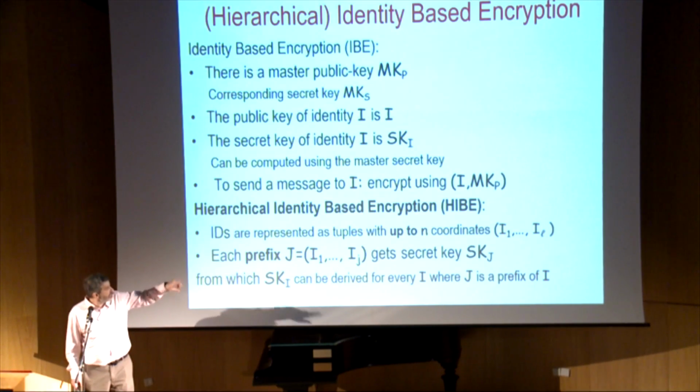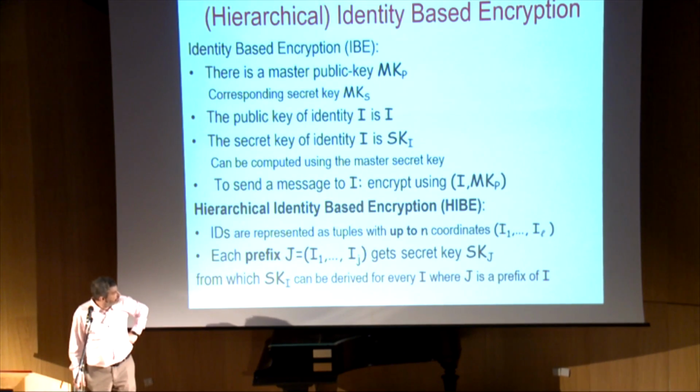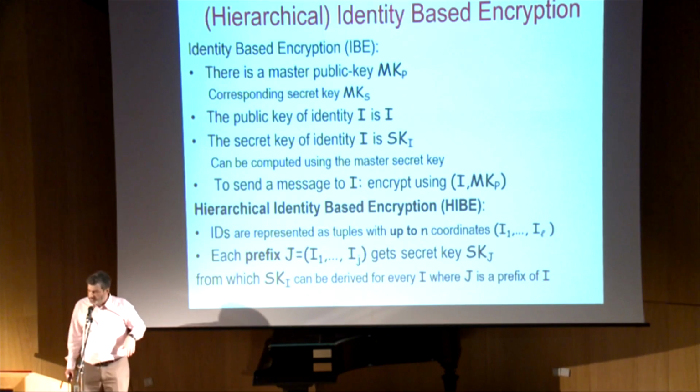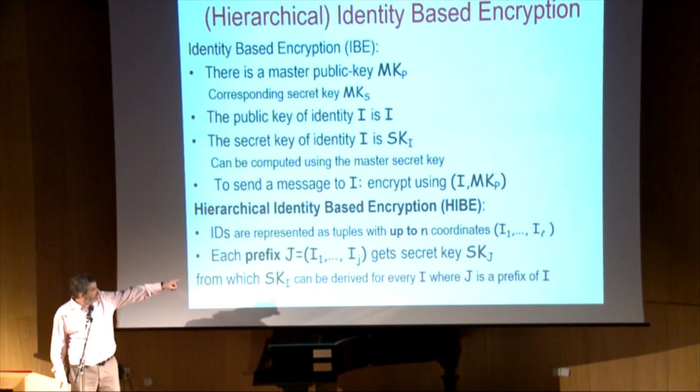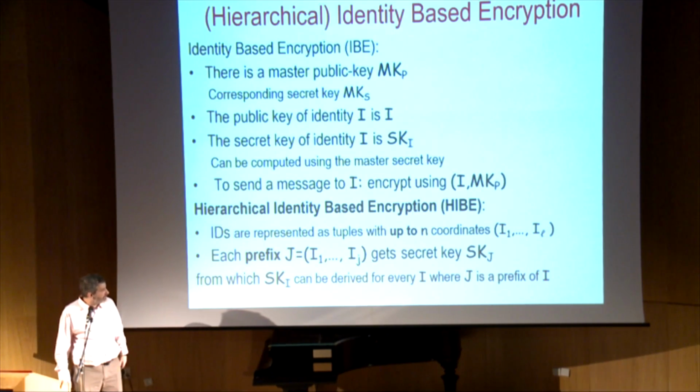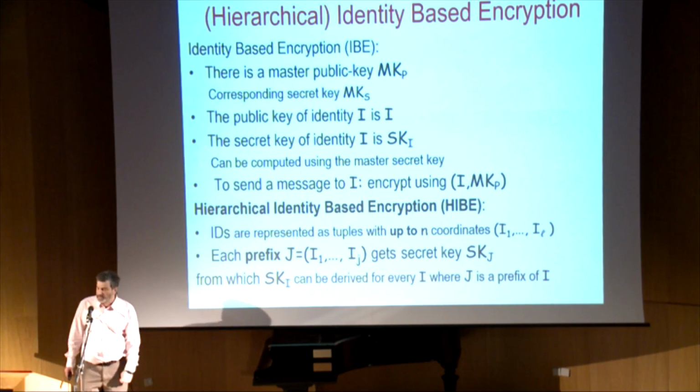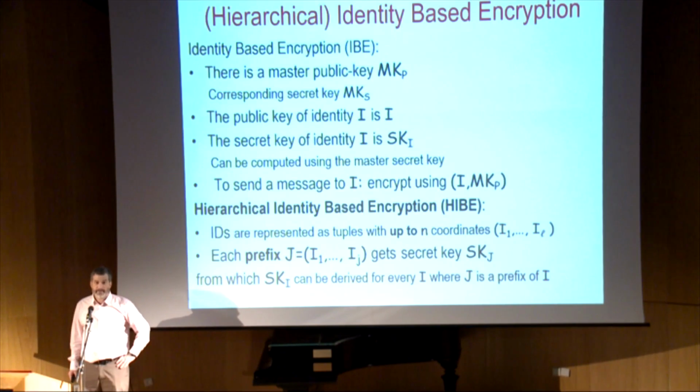IDs are represented as tuples with up to L coordinates. Each prefix I1 up to Ij gets a secret key from which SK_I can be derived for every I where the prefix is I1 up to Ij.